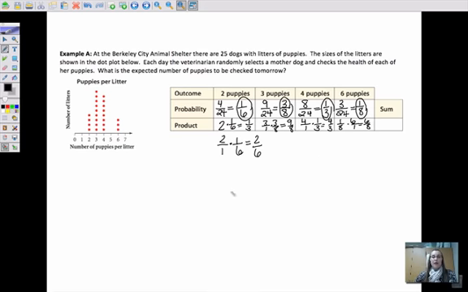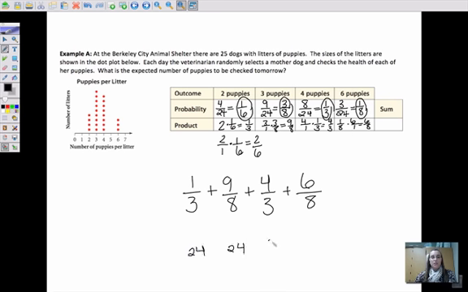Okay, so then we have to add all these things together. And remembering back to fraction work, we need to have a common denominator. So we need to go back to 24 for our denominator. So this will be 8/24. This will be 27/24. This will be 32/24, and this will be 18/24.